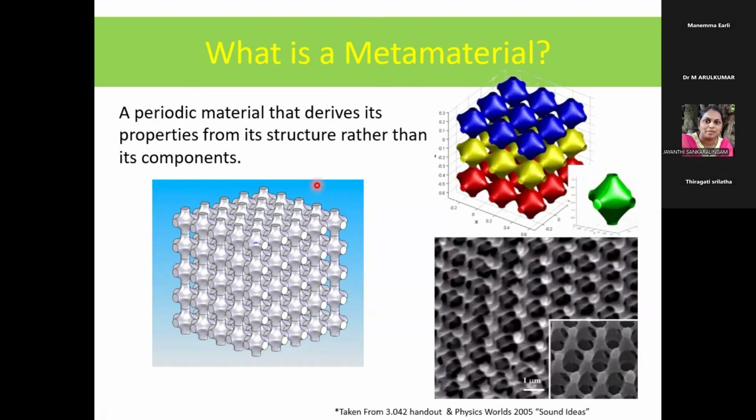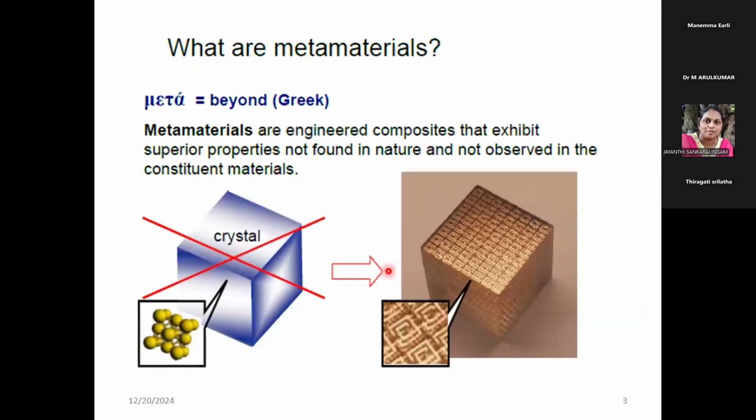So we can say that the properties of the material are derived from its periodic arrangement. We are going to develop a set of periodic arrangements by which we can control the electrical properties. So how do we design these structures so that we can control the electrical properties?